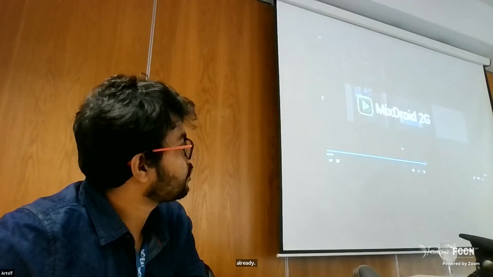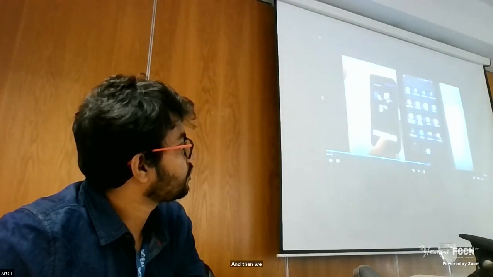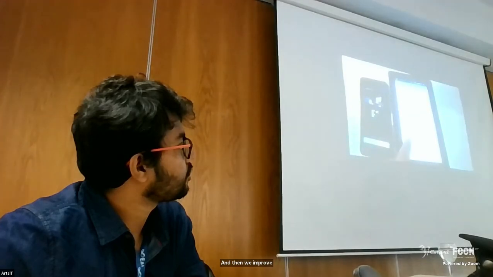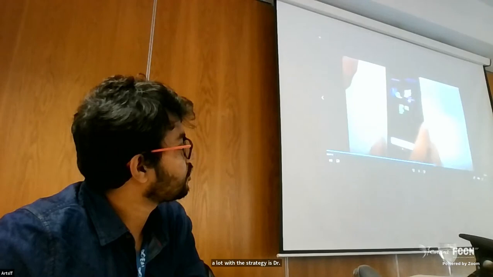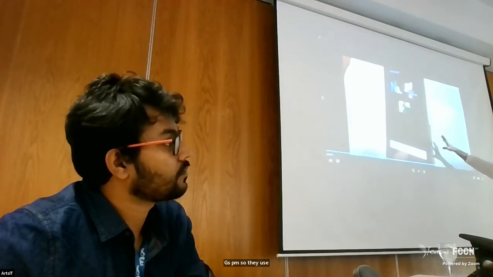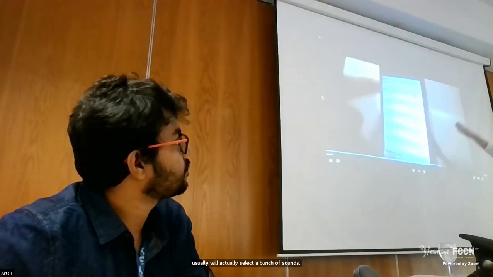The next iteration, we improved the design and came up with the stripe concept, which is here. So the user will actually select a bunch of sounds, and then these will be available.